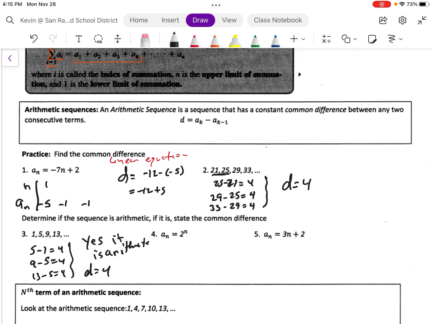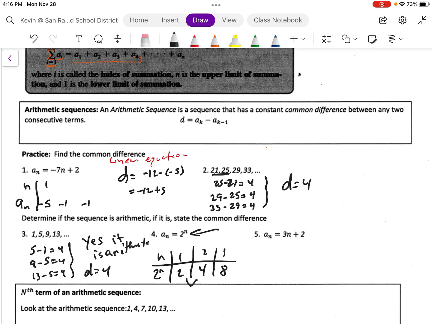All right, look at number 4. First of all, we know it's not arithmetic because this is not a linear equation. That is an exponential equation. But just to be safe, let's make our table: 1, 2, 3. 2 to the first is 2, 2 squared is 4, 2 to the third power is 8.